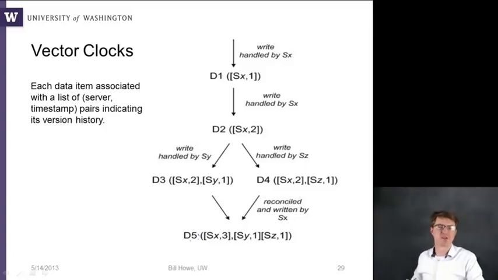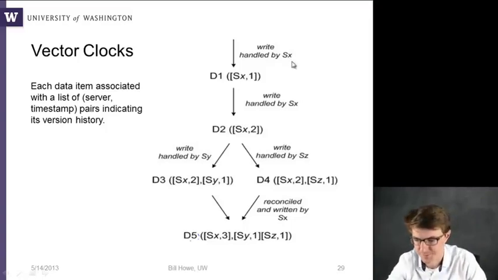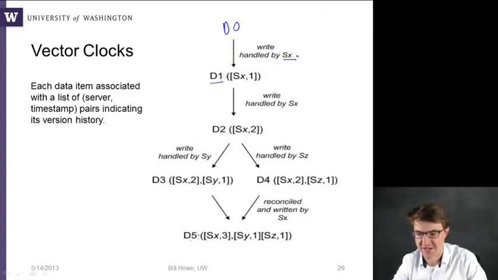Okay, so in this scheme, every data item is associated with a list of server timestamp pairs that indicates its version history. And so in this example, some value D was read by a client and D1 was written back at the server called SX. And so what SX does is append this fact to this vector clock. So at timestamp 1, server SX created a change.